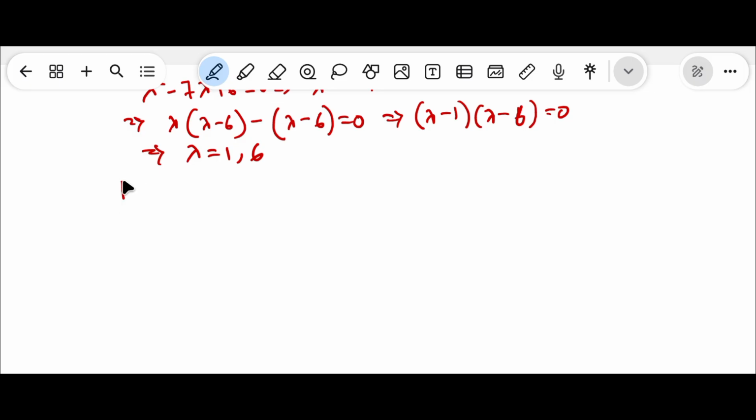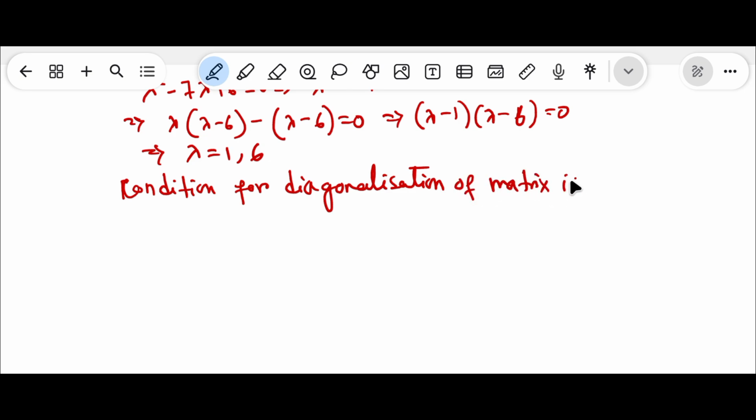So the first condition for diagonalization of a matrix is that the eigenvalues are different. Okay, so this time we have different eigenvalues. We have 1 and 6.